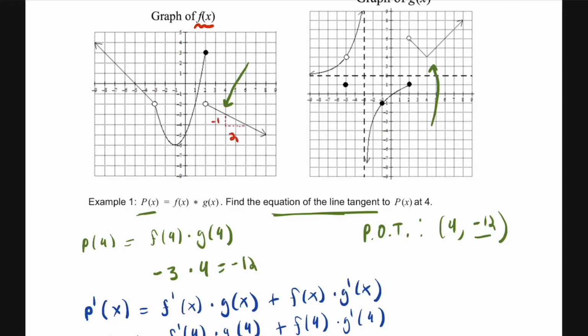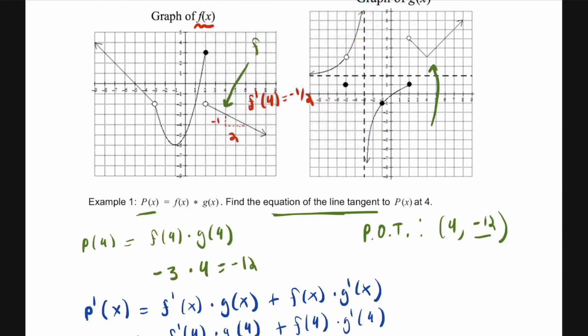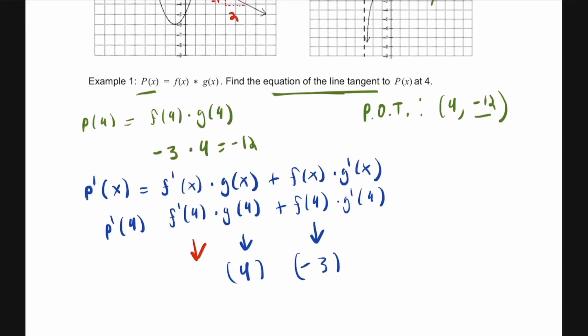So f prime of 4 equals negative 1/2, versus f of 4 equals negative 3. Notice f of 4 is just the point. F prime is the slope, or the slope of the tangent line. So we can replace f prime of 4 with negative 1/2.